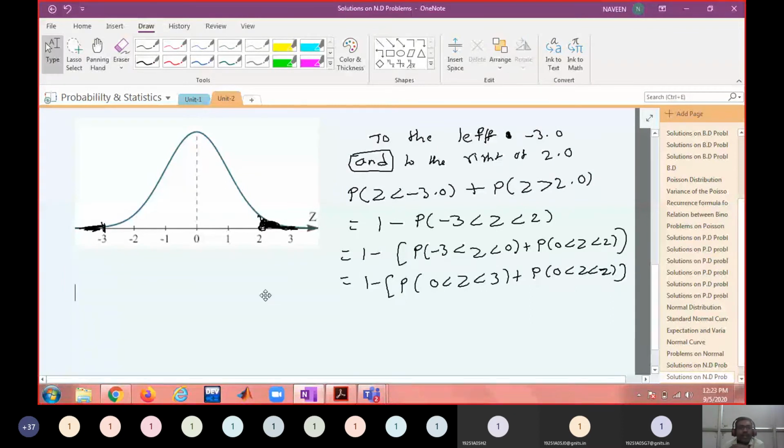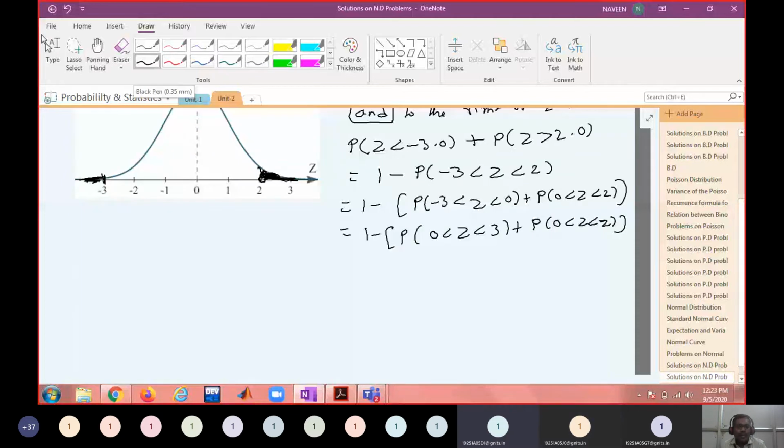Now you just look at the normal distribution table and find out these values. 0.4987. Again, 0.4772. So this is equal to 1 minus what?